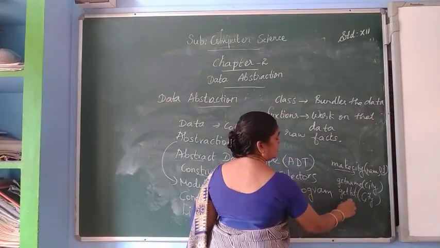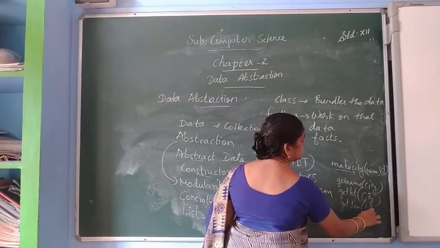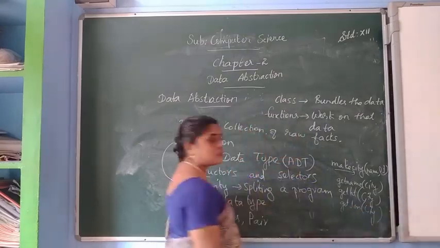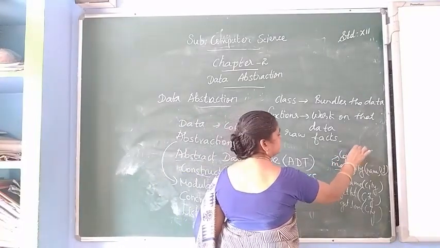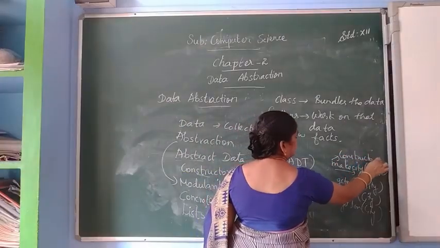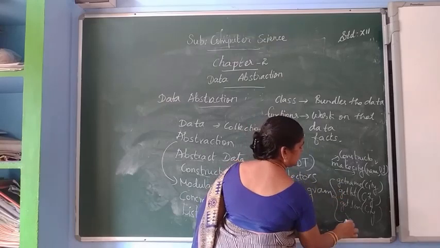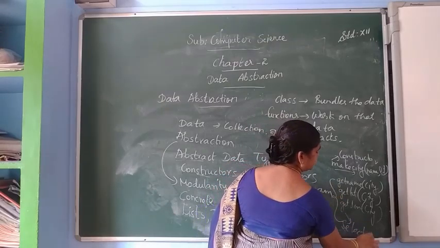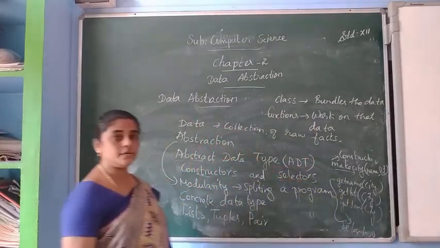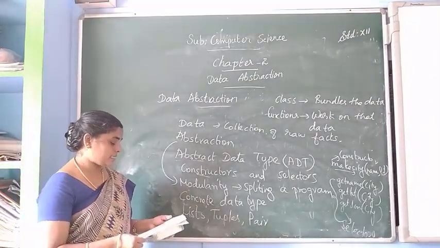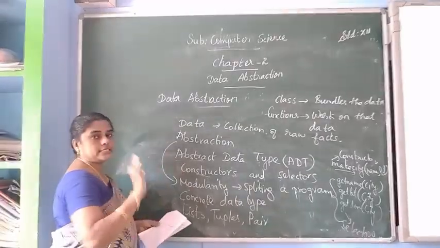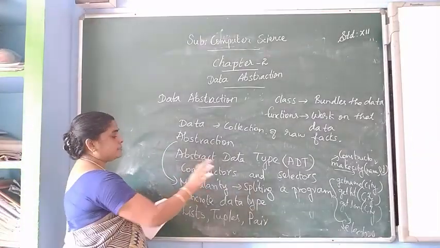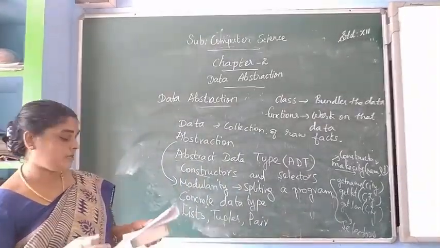Next, get longitude of city. So this is what? Selectors. This one, constructor. These three are known as selectors. Can you understand about constructor and selector? Constructor means constructing a program. Selectors means gathering information.